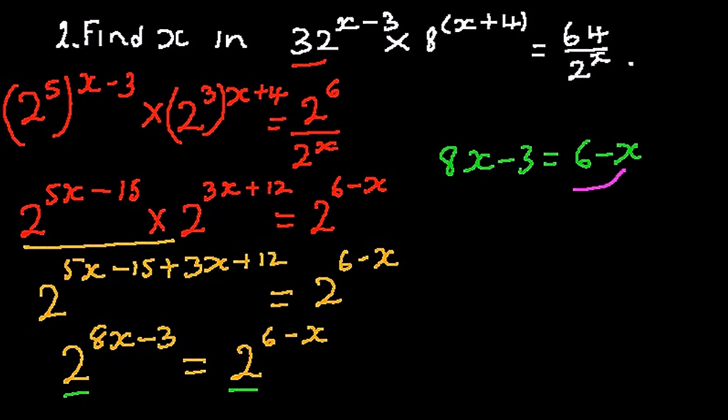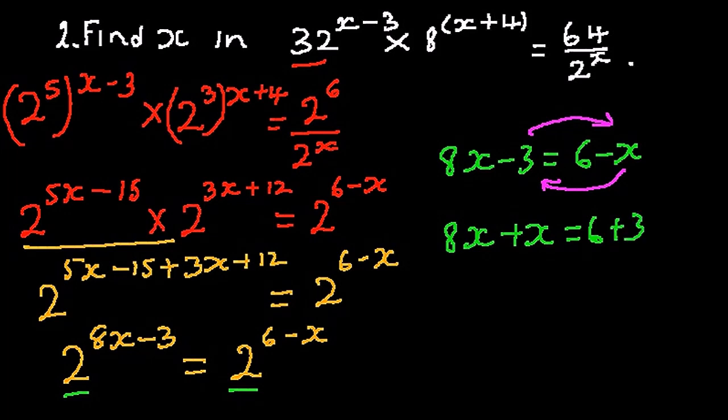When you bring x to this side, it becomes positive, and you take 3 to the other side, it becomes positive also. Therefore we have 8x plus x is equal to 6 plus 3. So this is 9x is equal to 9.